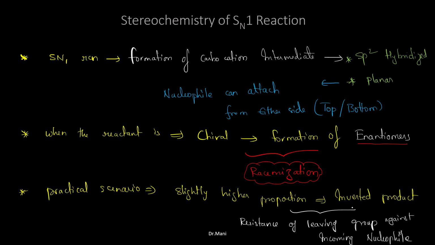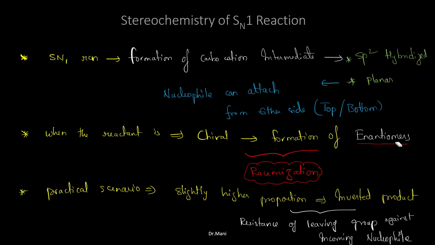Is this clear? So these are the three things you need to remember. First one, in the SN1 reaction, a carbocation intermediate is formed, which is sp2 hybridized and planar. This planar structure allows a nucleophile to attack on either side. So when the reactant is chiral, the nucleophile can attack from the top or from the bottom, so there are two structures that could be formed.